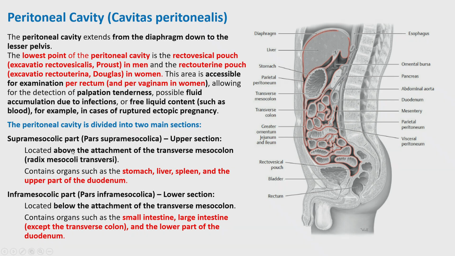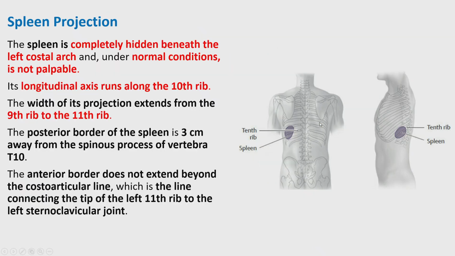The supramesocolic is above the attachment of the transverse mesocolon and the inframesocolic is below the attachment of the transverse mesocolon. Those are the structures that you have inside the supramesocolic compartment, and here are the structures that you have inside the inframesocolic compartment.